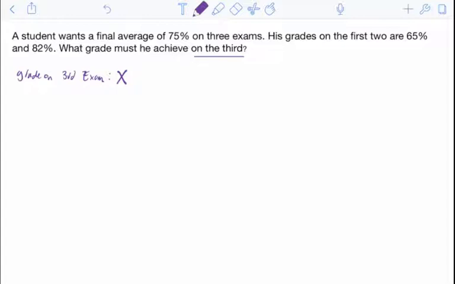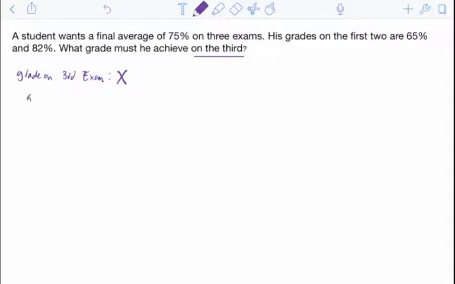Okay, and now the clues. A student wants a final average of 75%. Is that a clue, or is that a relationship between other things? That seems to be something you determine after the fact, so that's kind of like a relationship. His grades on the first 2 exams are 65 and 82. Those seem like clues.